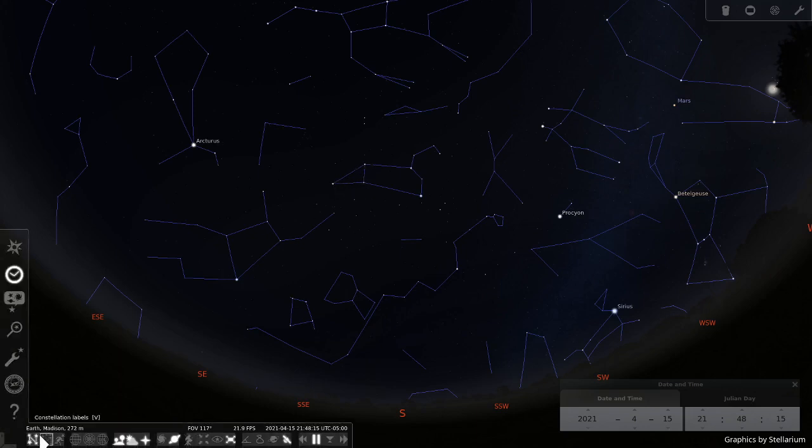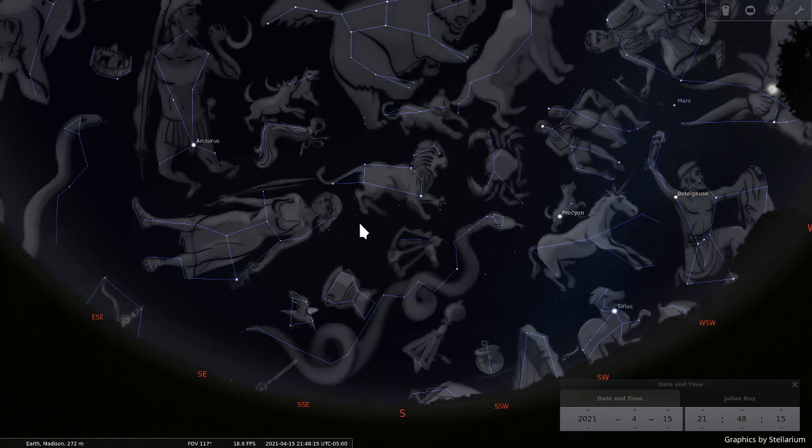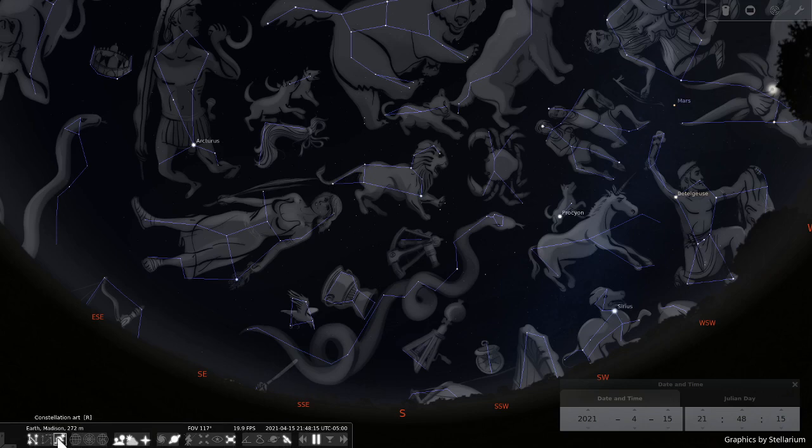This is one of the ones where it's relatively easy to visualize, at least if you think of him this way. This curve of the question mark is the lion's mane, and this bright star here, which is called Regulus, is the lion's heart right there in his chest. And again, the triangle back here, the hindquarters of the lion.